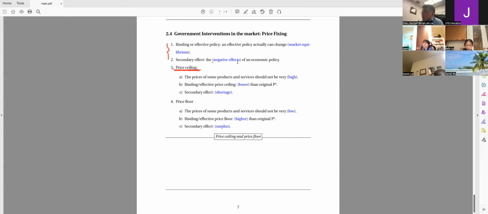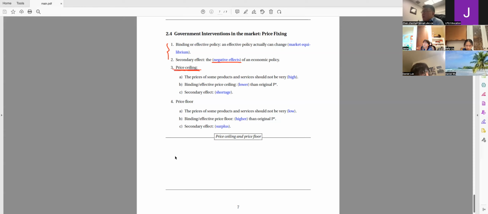Those negative side effects can be called secondary effects. Secondary effects just mean that at the same time, an economic policy can generate positive effects and also negative effects in our market system. Let's have an example here.